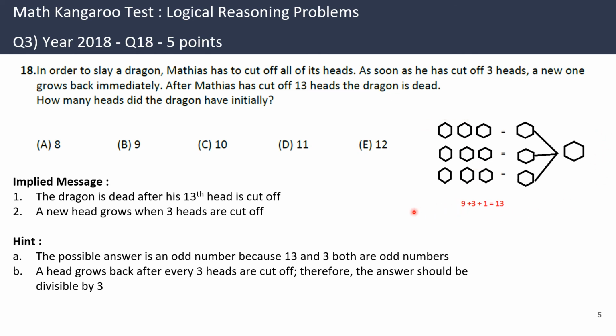So our initial assumption that 9 could be our answer works out. That's option B, and the answer is 9. The dragon had 9 heads initially.